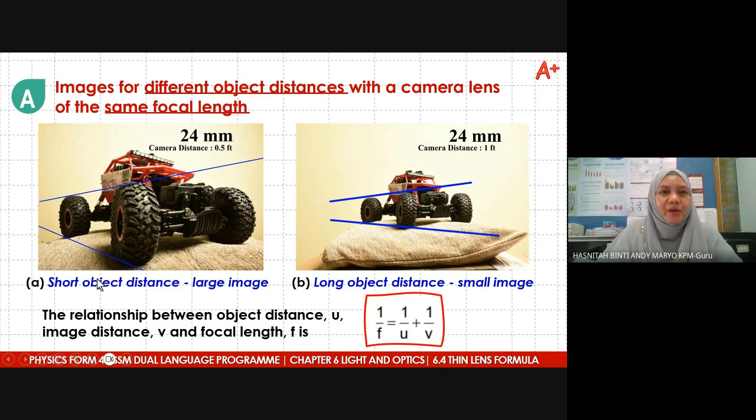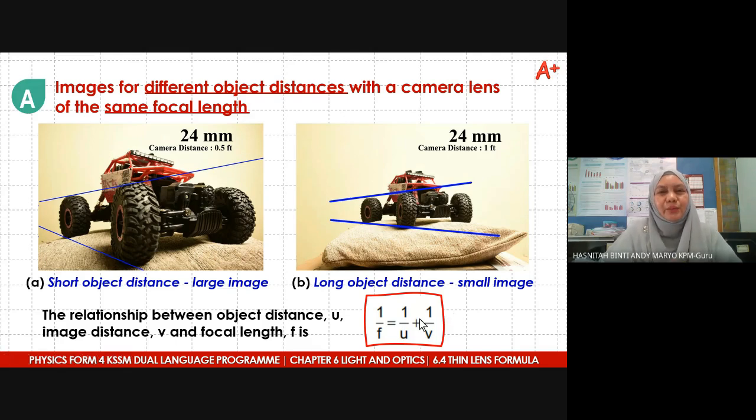So here we understand that a short distance object produces a larger image, while a long distance object produces a small image. From this situation, later you will understand that object distance, image distance and focal length can be related through this equation: 1 over f equals 1 over u plus 1 over v.